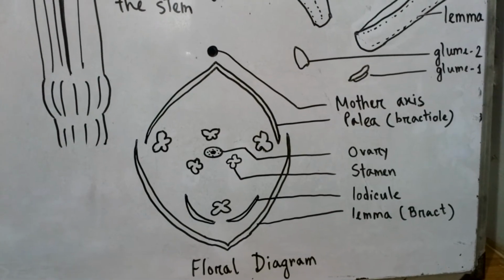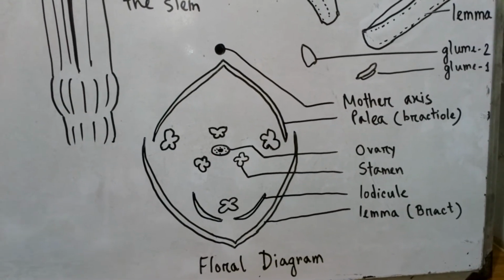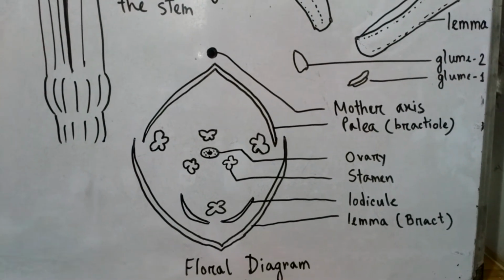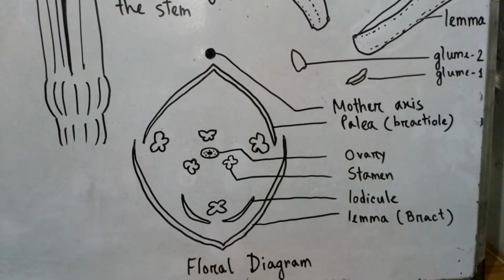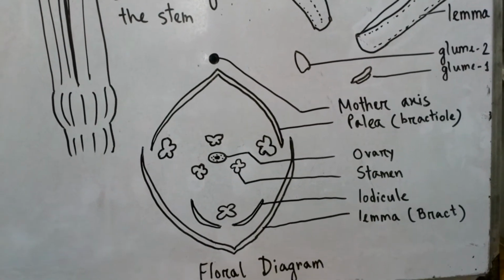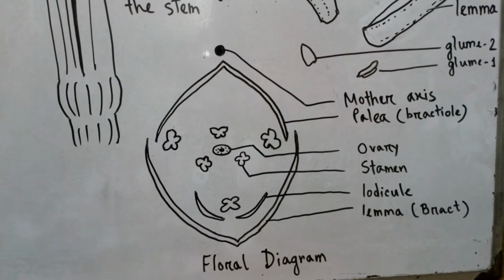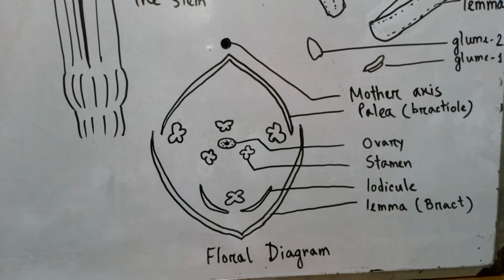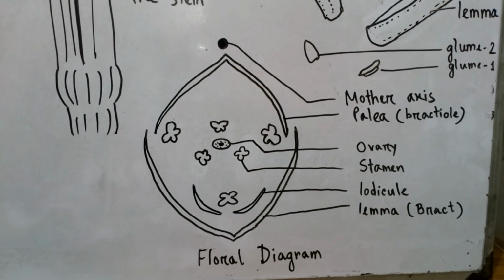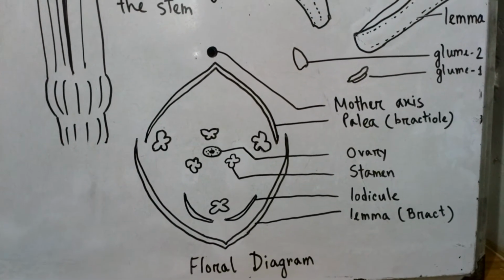That is a floral diagram. So you must give this dot sign which indicates the mother axis. Mother axis is that axis from which the flower is grown. I hope all of you remember my previous lecture about these important terms. Okay, so at the center you can see that ovary is present.